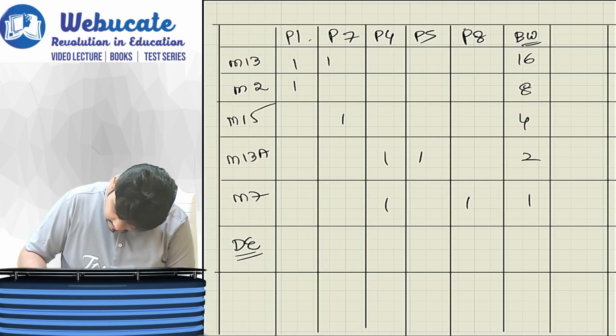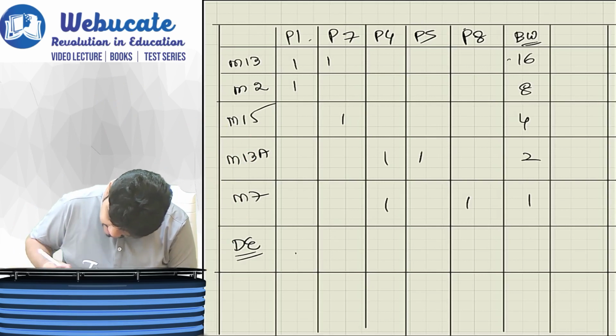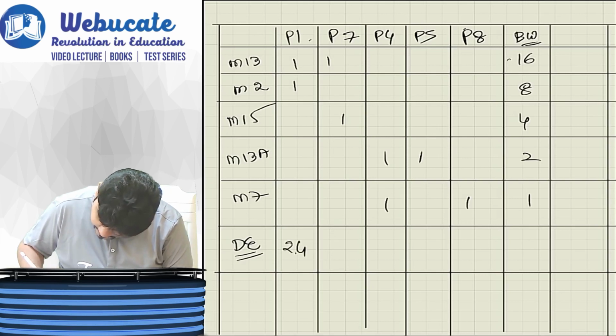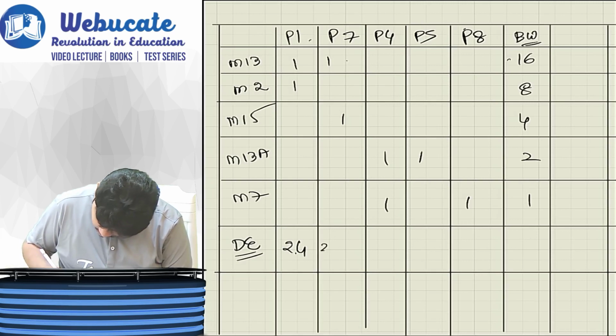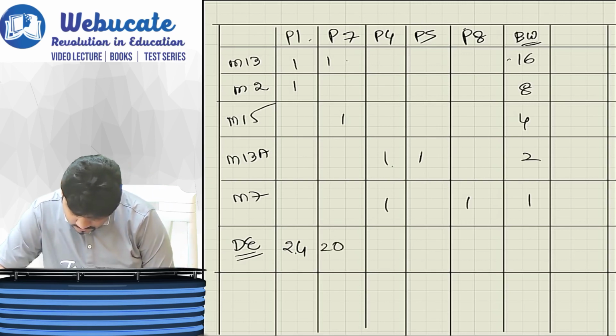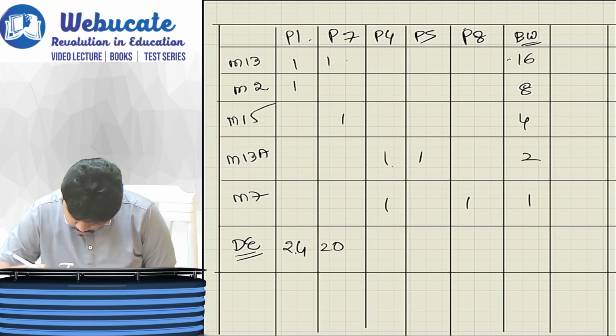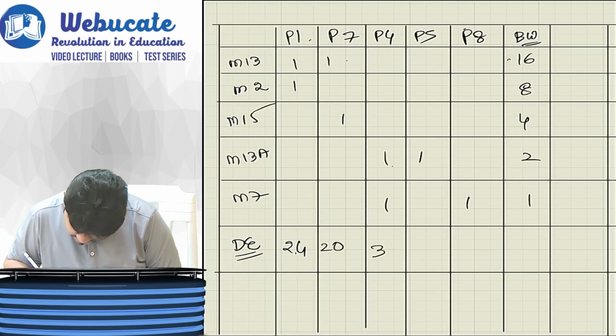So here P1. So 16 plus 8, 24. Then P7, 16 plus 4, 20. Then P4, 2 plus 1, 3. And P5 is 2.